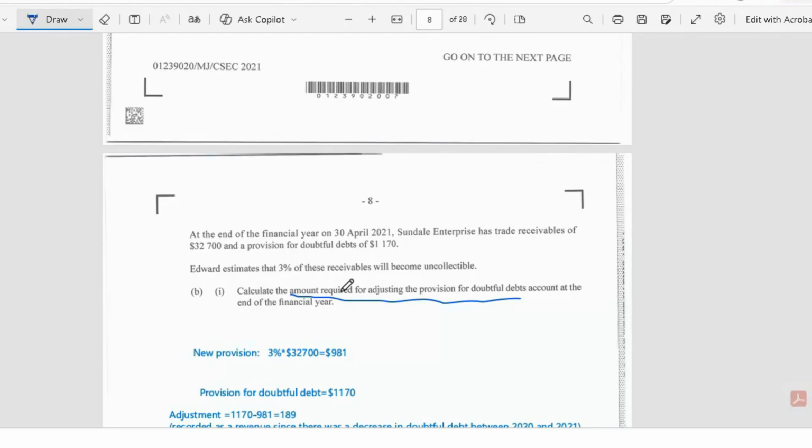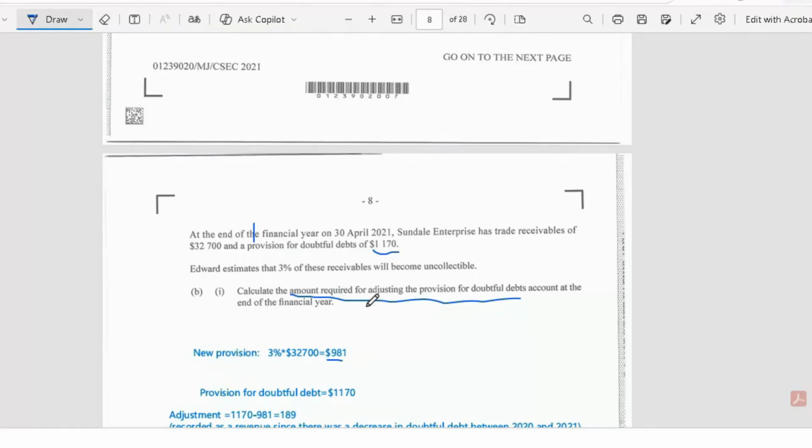So the year before, the provision was 1,170. And now we need to adjust it to 3% of 32,700. So the new provision is equal to 3% multiplied by 32,700, which gives us 981. Now we need to recall that the year before, the provision was 1,170, and they are asking us what we need to bring it to, the 981.